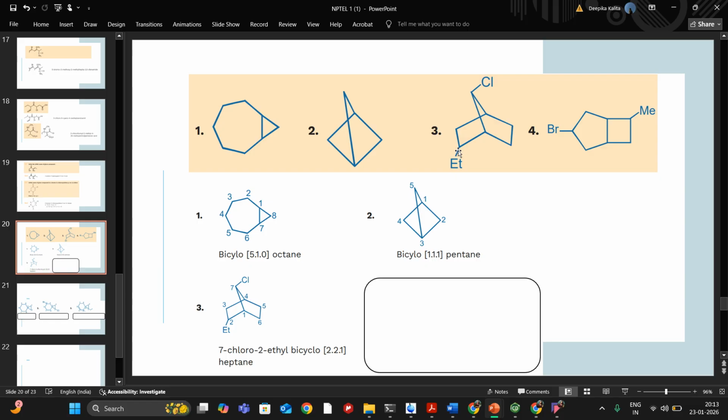The overall name of this compound will be 7-chloro-2-ethylbicyclo[2.2.1]heptane. I hope the bracket numbers 2,2,1 are clear to you, because we have two carbon atoms on both sides of the bicyclic ring, followed by one carbon at the junction position. Hence, it will be 2,2,1.